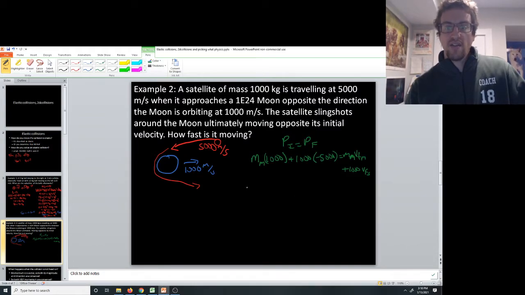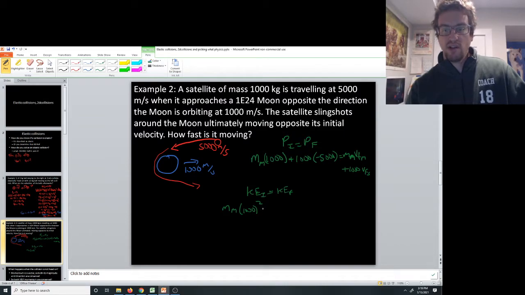And then I have the kinetic energy one too. I'm going to go ahead and cancel out the 1/2s. We don't need them. So I've got mass of the moon times 1,000 squared. I know the mass of the moon, I just didn't want to write 1e24 a bunch of times.